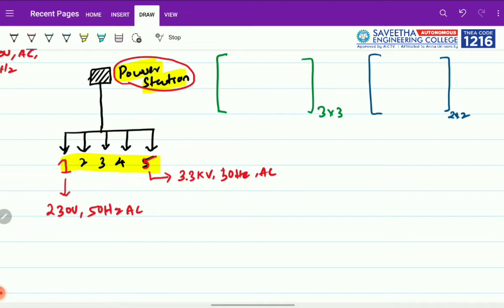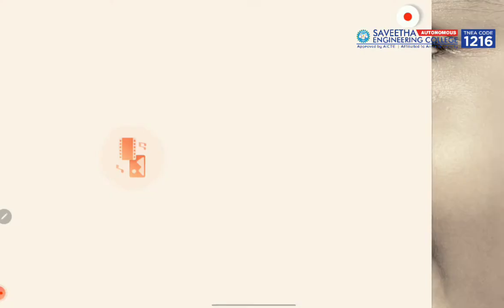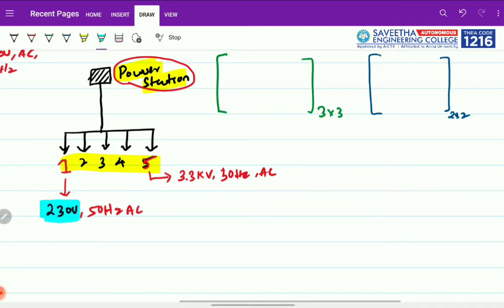It means that the components or the appliances used in these loads depend upon a common voltage value. For the first load, 230 volt is the common voltage required for all the applications used inside this load, and 3.3 kV is the voltage required for the various appliances or components used in the fifth feeder.